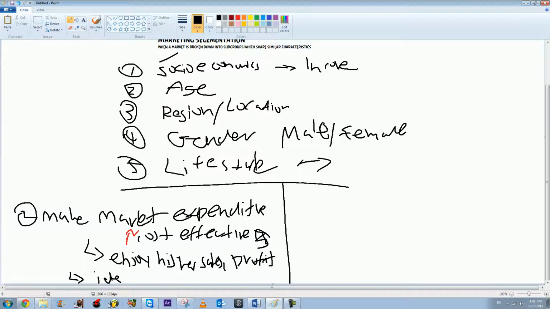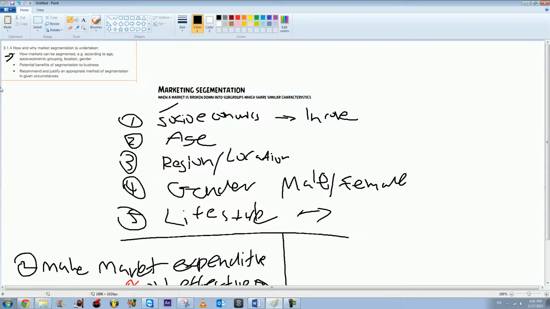So basically, identify and seek into new market segments. And the third part of the syllabus: recommend and justify an appropriate method of segmentation in given circumstances.